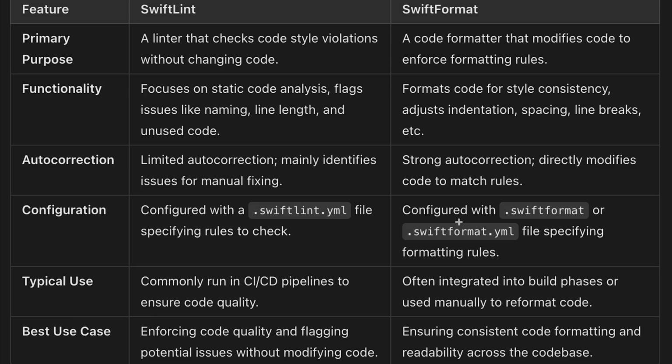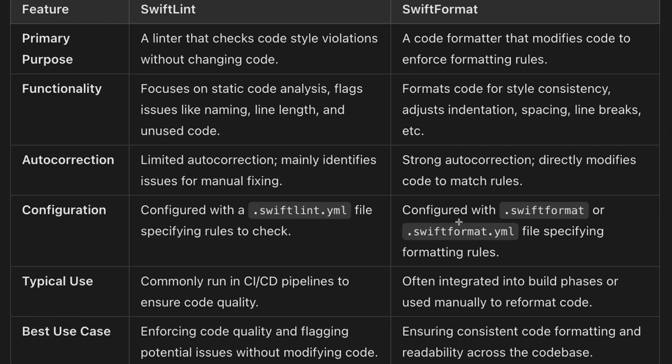Let's try to understand what is the difference between SwiftLint and SwiftFormat. SwiftLint is basically a linter tool which checks the coding style violations without changing the code, whereas SwiftFormat actually modifies the code according to the rules which we define.